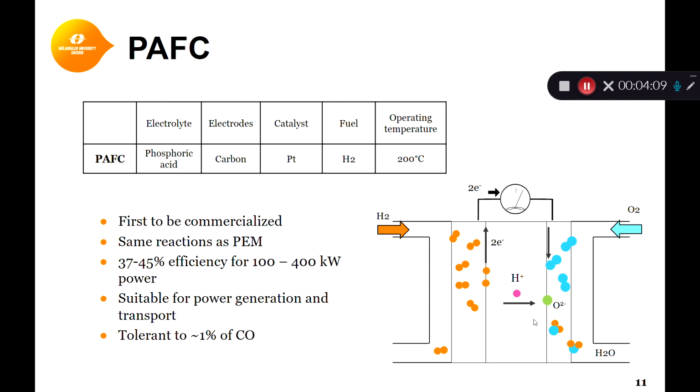Water doesn't need to be in liquid state, and this fuel cell operates at a higher temperature, about 200 degrees C. So it is also very suitable for cogeneration applications in case we need some heat at a relatively high temperature. This was also the first fuel cell to be commercialized. And one advantage with respect to PEM is that it's tolerant to small traces of carbon monoxide.